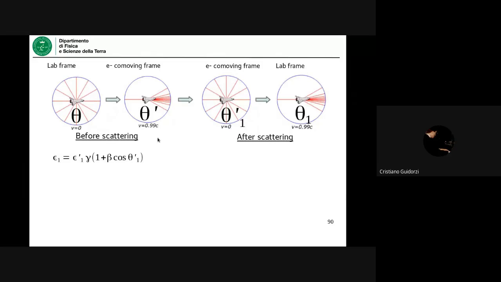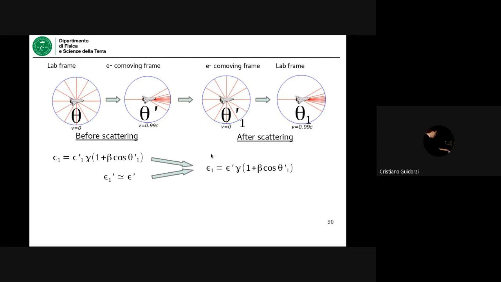So again, it's possible to make further considerations. For example, epsilon1, when you get back from here to here in the lab frame, once you know epsilon1 prime, is again the stuff here, the inverse Lorentz transformation, something that we already saw. But in the lab frame, across the scattering, the energy doesn't change because we assumed Thomson scattering in the moving frame.